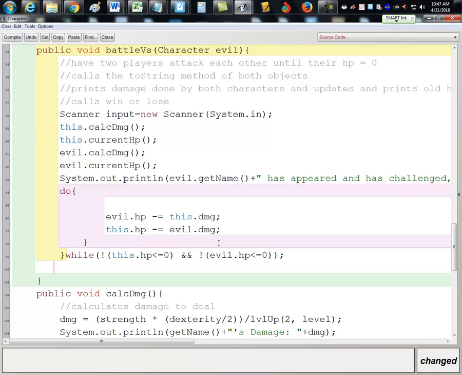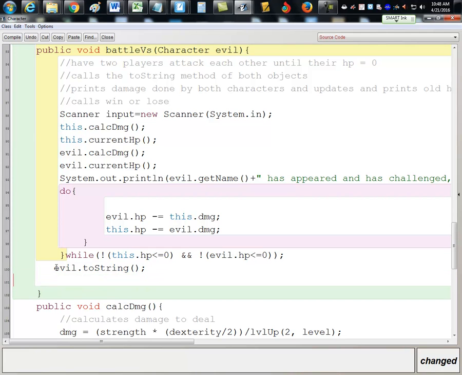And then probably do a toString for both characters. toString of evil, and toString of this, which basically means I'll put the stats to see who won.